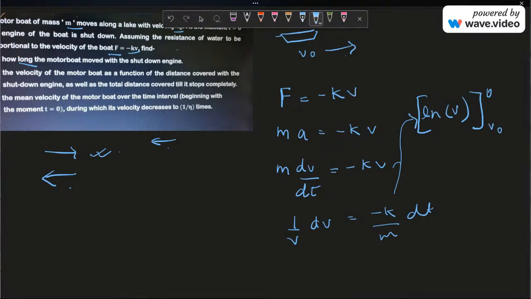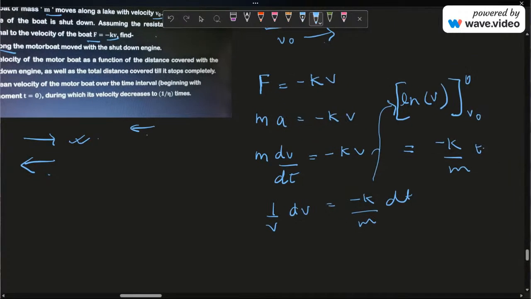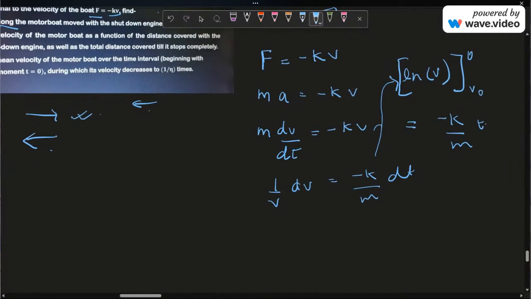Ln zero, okay, and that would equate with minus k by m into t. This will certainly be negative.